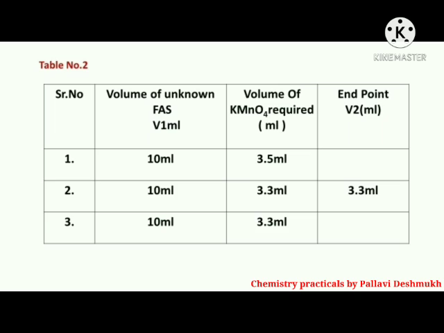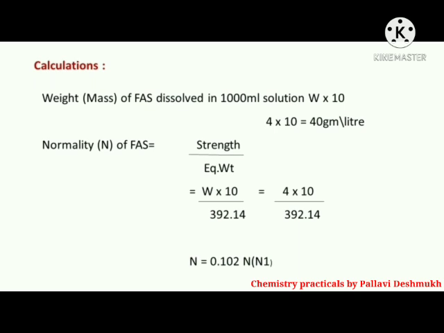Calculations. Mass of the ferrous ammonium sulfate dissolved in 1000 ml of the solution is given by weight of the ferrous ammonium sulfate taken into 10, which is 40 gram per liter. And from that, the normality of the ferrous ammonium sulfate solution can be calculated by using the formula, that is strength upon equivalent weight.